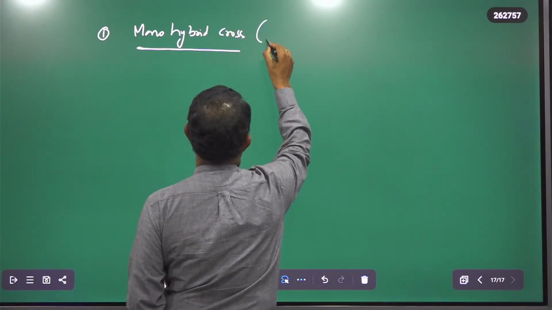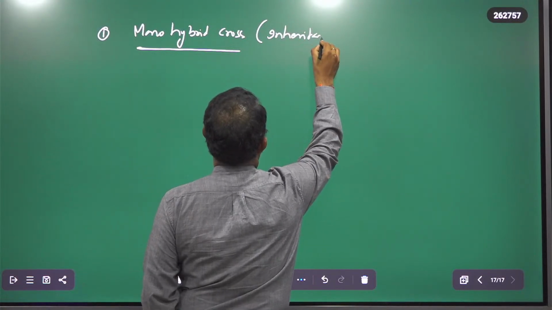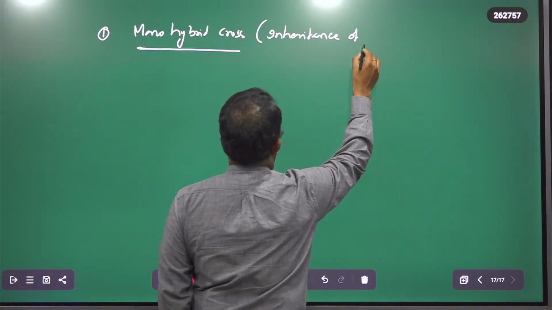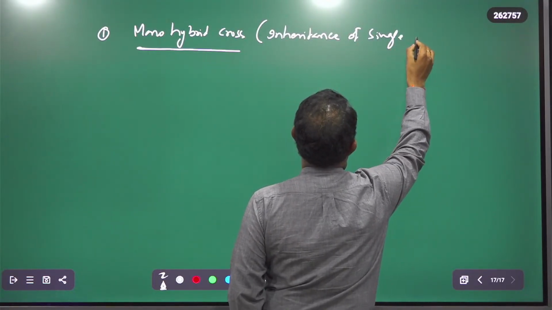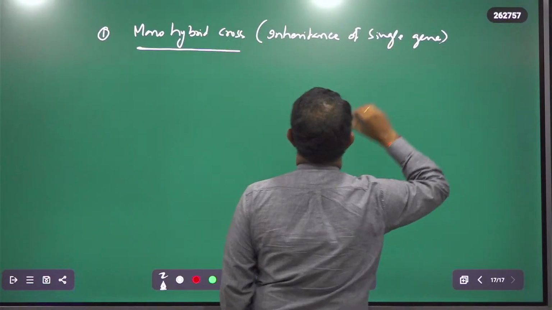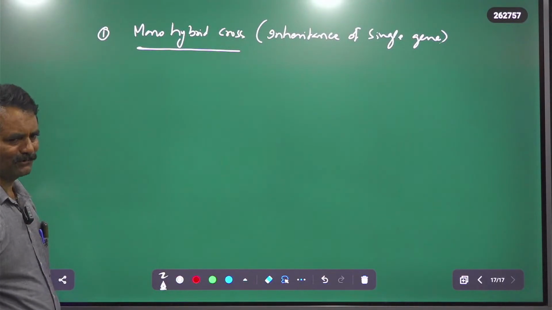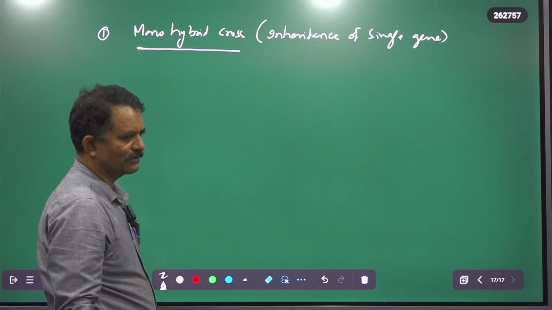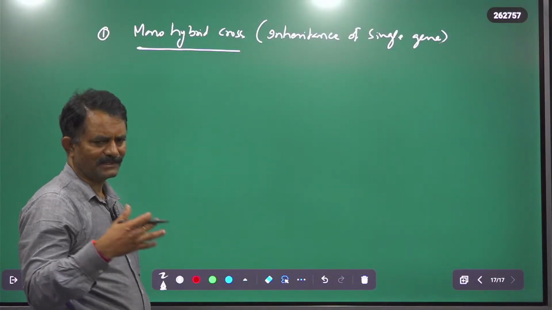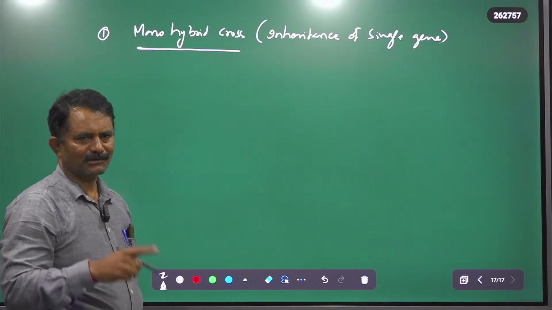Inheritance of one gene, a single gene, is called monohybrid cross. Mendel conducted 7 monohybrid crosses, because Mendel selected 7 characters. On each character he conducted one monohybrid cross.